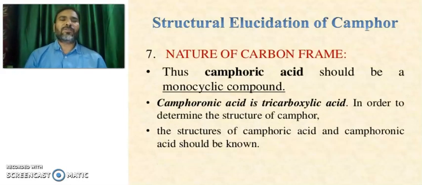Thus, camphoric acid should be a monocyclic compound and camphoronic acid is a tricarboxylic acid. In order to determine the structure of camphor, the structure of camphoric acid and camphoronic acid should be known.